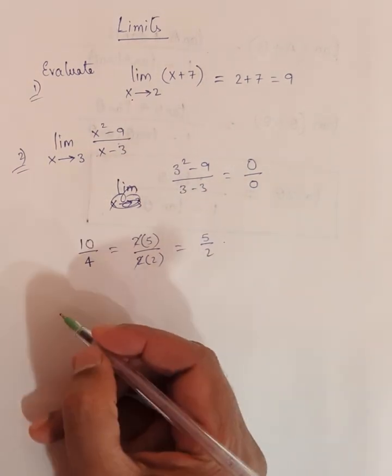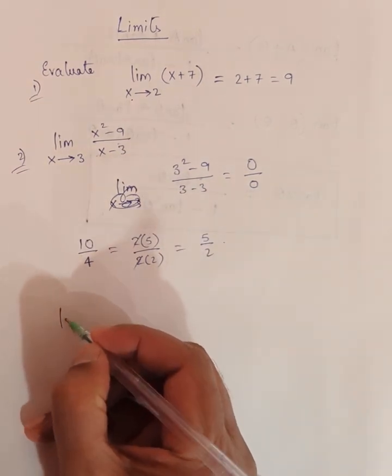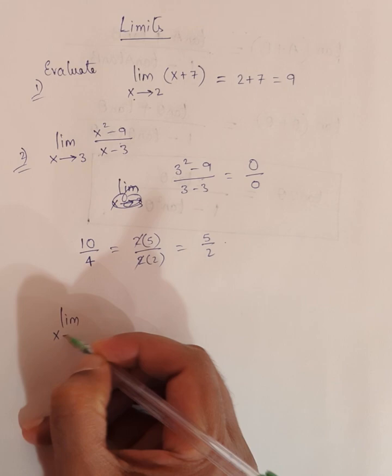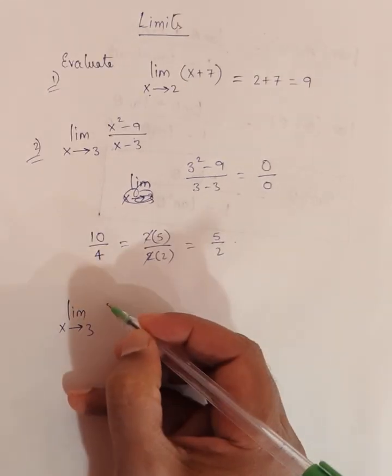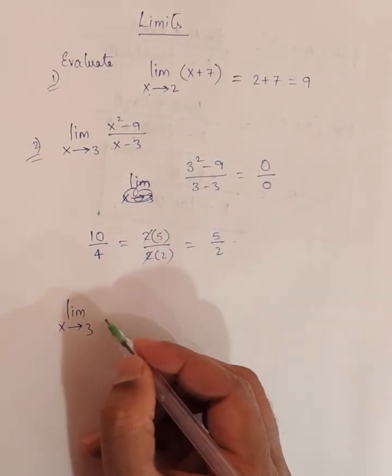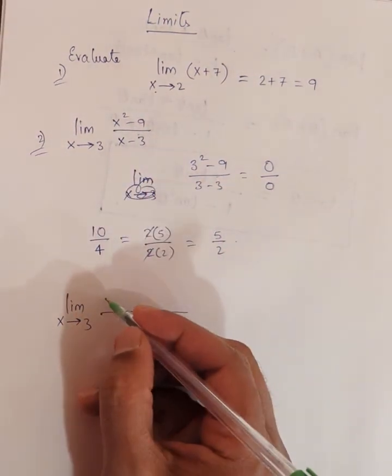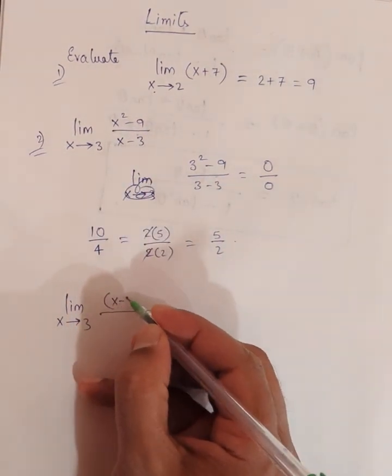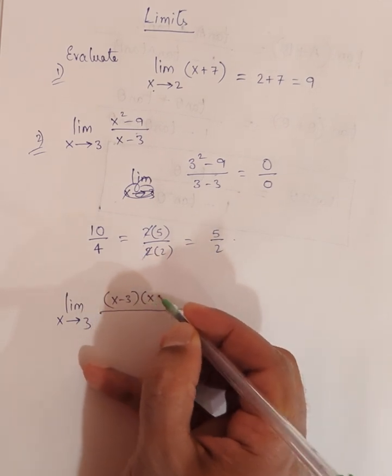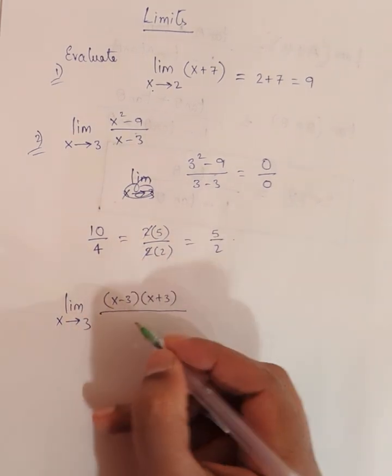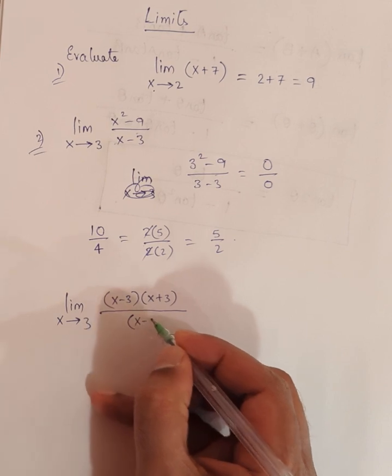Now, if I were to think limit x approaches 3, x squared minus 9 can be factored. It's a difference of squares. So you can factor that as x minus 3 times x plus 3. And in the denominator, you have x minus 3.